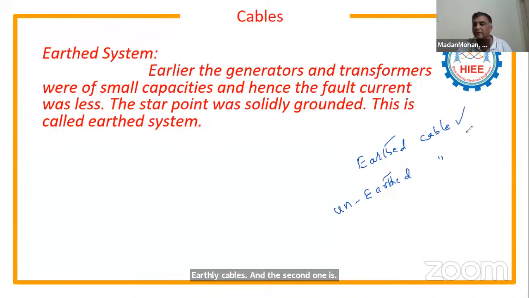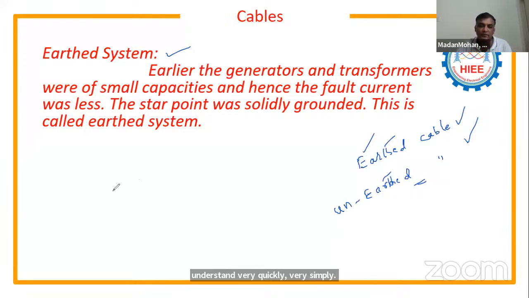Earthed cables and unearthed cables depend upon your system. Whether your system is an earthed system, we go with the earthed cables. If your system is an unearthed system, we go with unearthed cables.